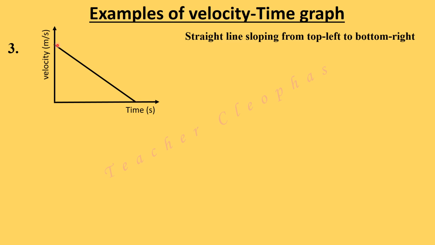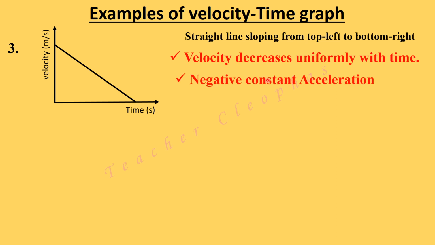It is decreasing, and since this is a straight line, we can say that the velocity is decreasing uniformly with time. This decrease in velocity uniformly with time is known as negative constant acceleration, and a better word to use is constant deceleration.